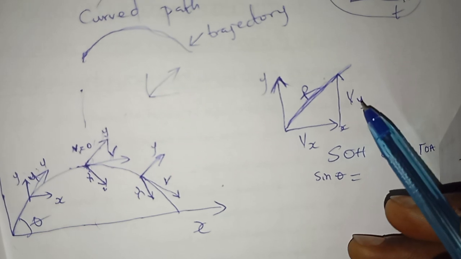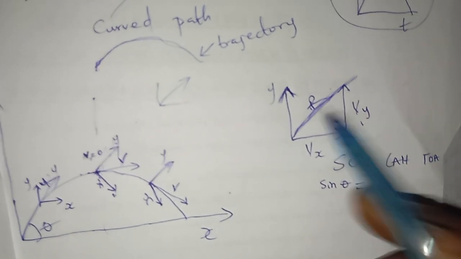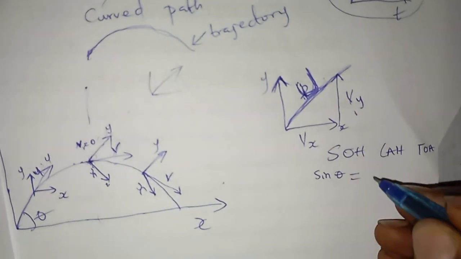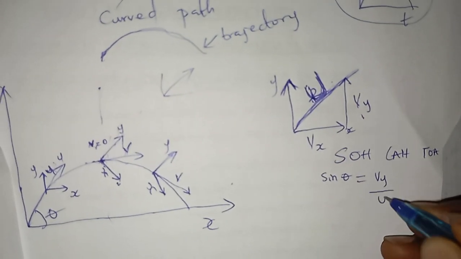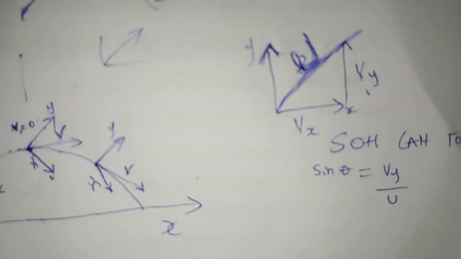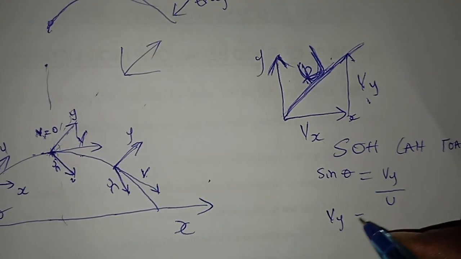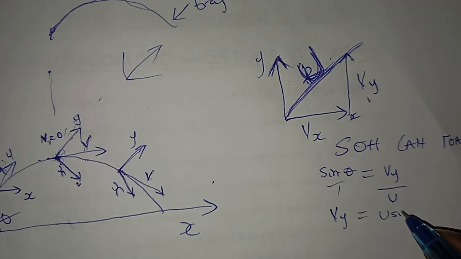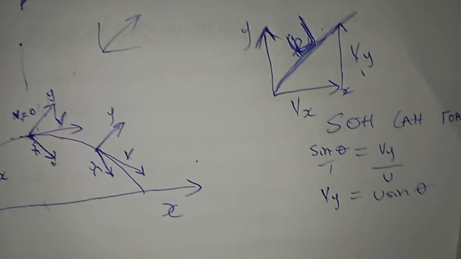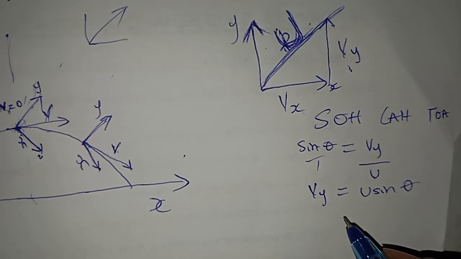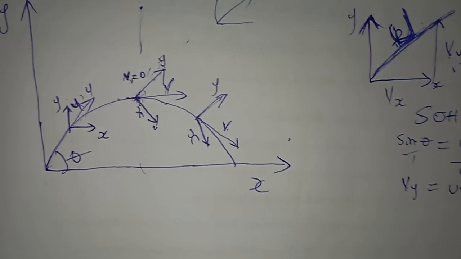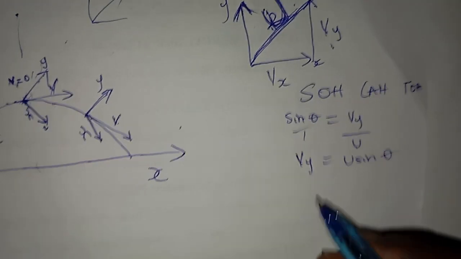Right here, this is opposite, this is hypotenuse. Or let me use u instead of r because we are dealing with velocity. So Vy over u, which means Vy equals u sine theta. So once I'm doing projectile motion, anywhere I see Vy, I should put u sine theta.